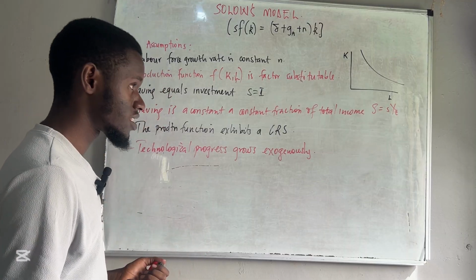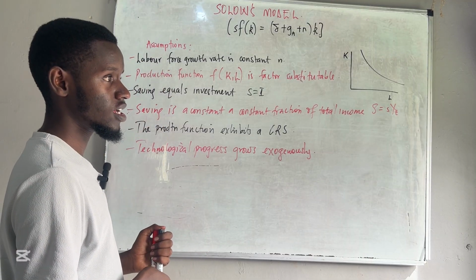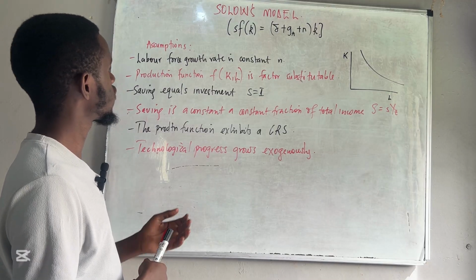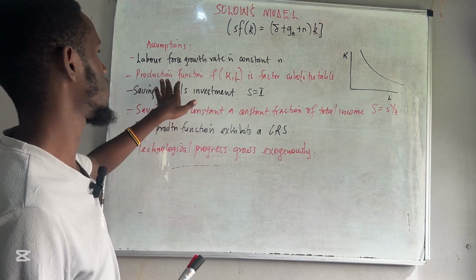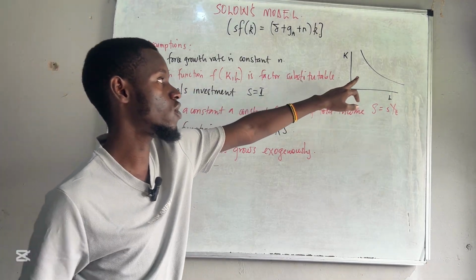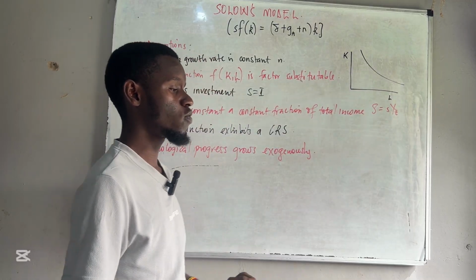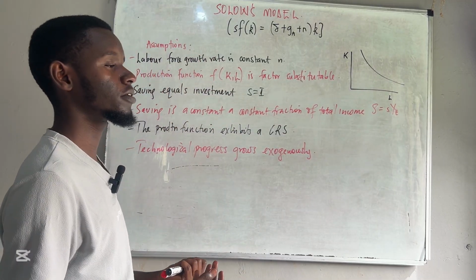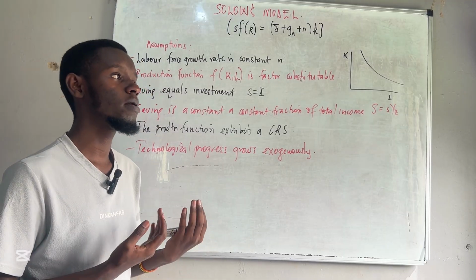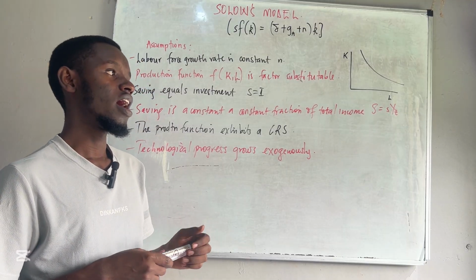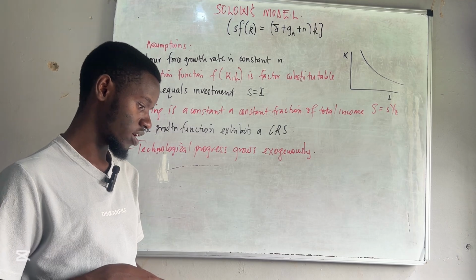This equation exhibits factor substitutability, which means it has a convex isoquant, so here we're going to employ a Cobb-Douglas equation, and we're going to enjoy it as we go ahead.